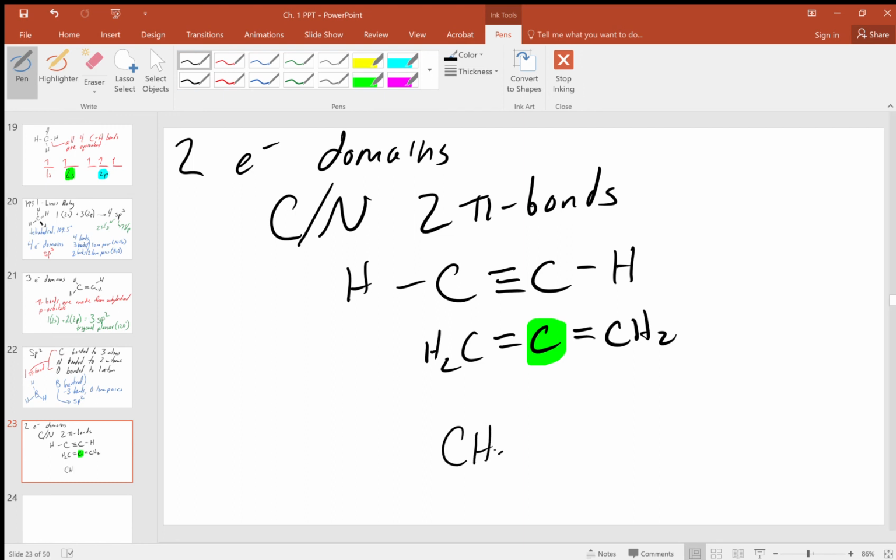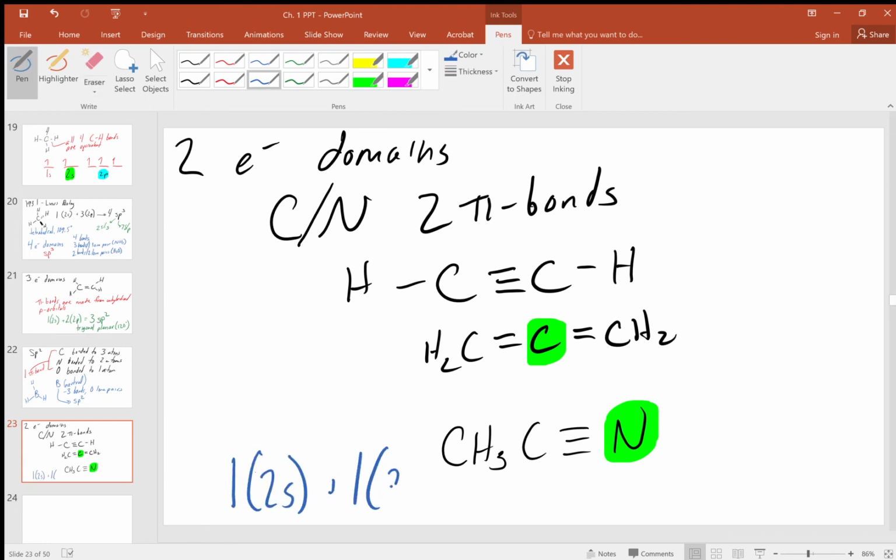This could also be a nitrogen that has a triple bond. In each of these cases, we're using 2 p orbitals to form pi bonds. So we only have one 2s orbital, and one 2p orbital available. So we form 2 sp orbitals, and that leads us to a linear geometry with bond angles of 180 degrees.